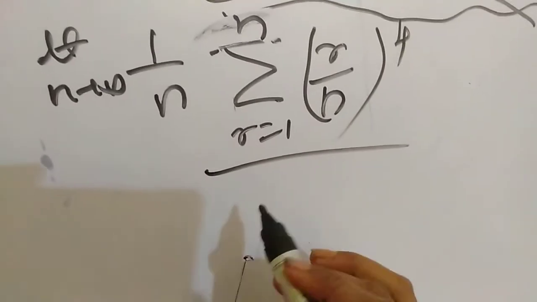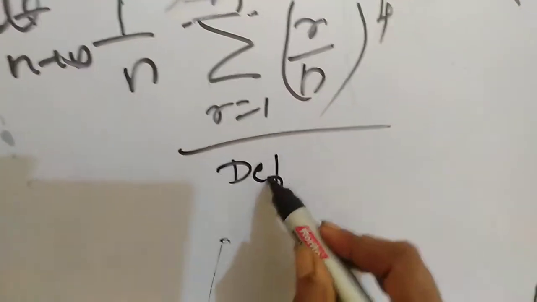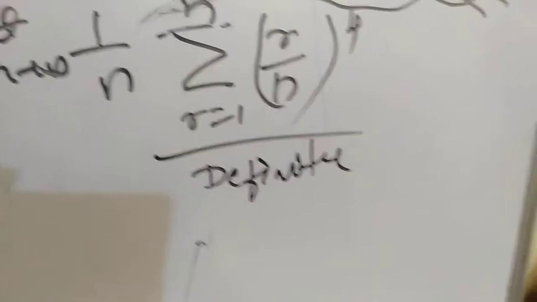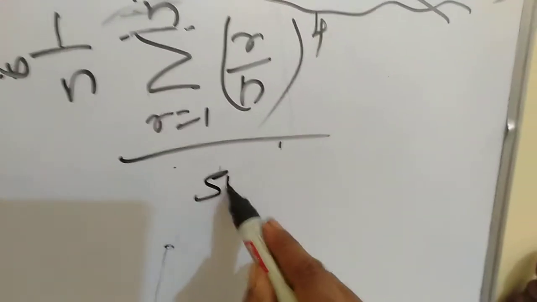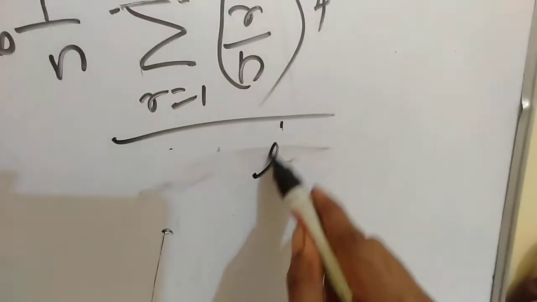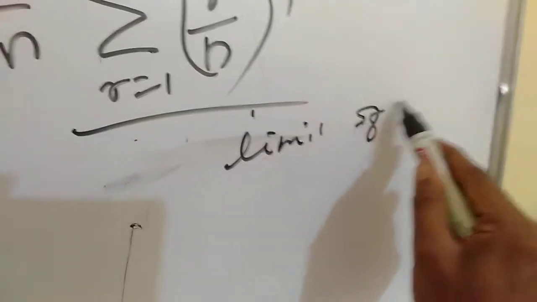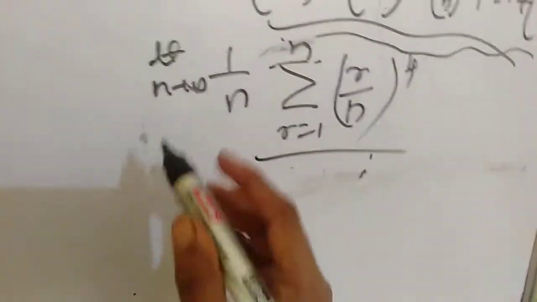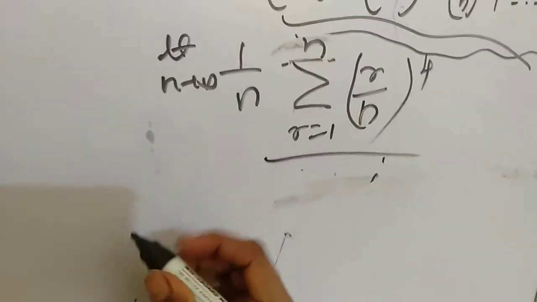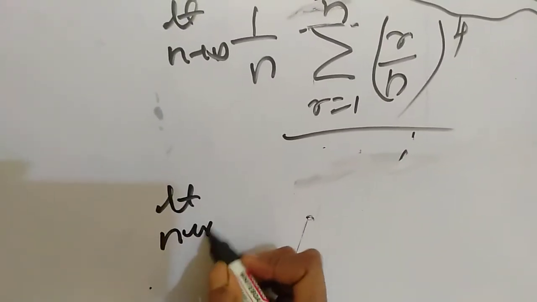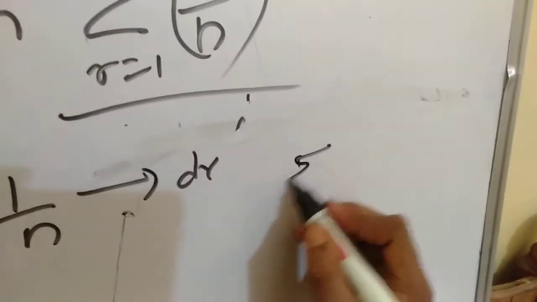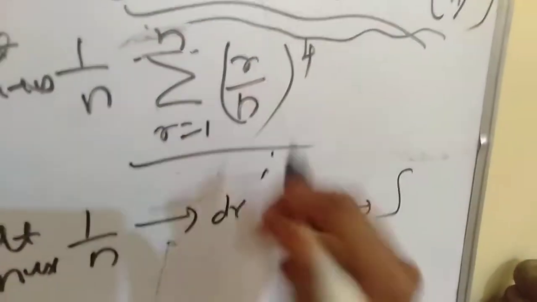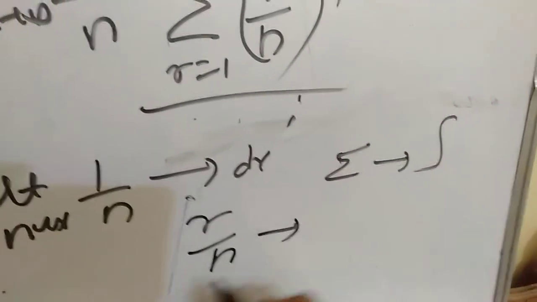You know that definite integrals are the limit of a sum. Now I am applying the limit of the sum. The limit as n tends to infinity of 1/n is taken as dx, the summation becomes integration, and r/n is taken as x.